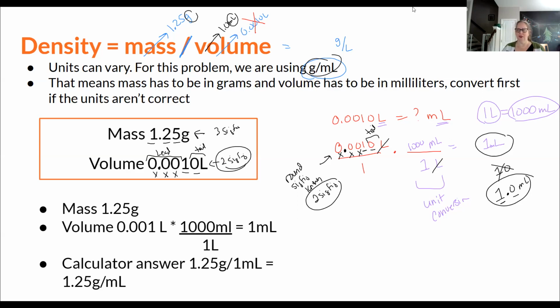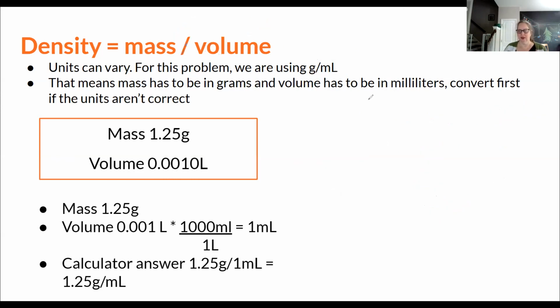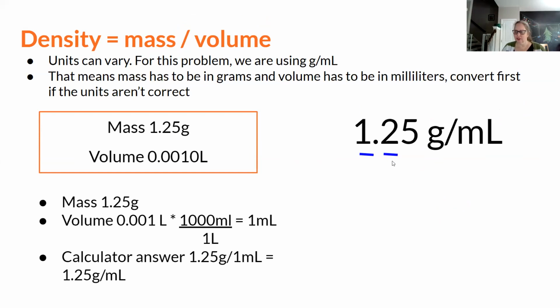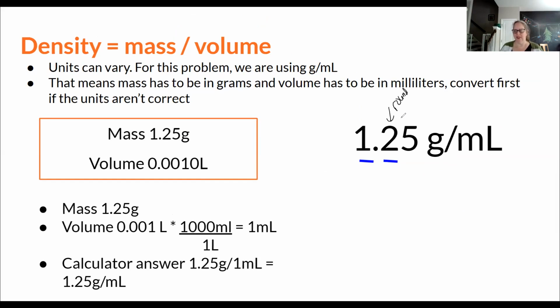So I have 0.125 and I need to round it to 2 sig figs. 2 underlines, the first 2 significant digits. So the 1 and the 2 are significant, so they both get underlined. And that makes my rounding point here, because we round to the last underline.